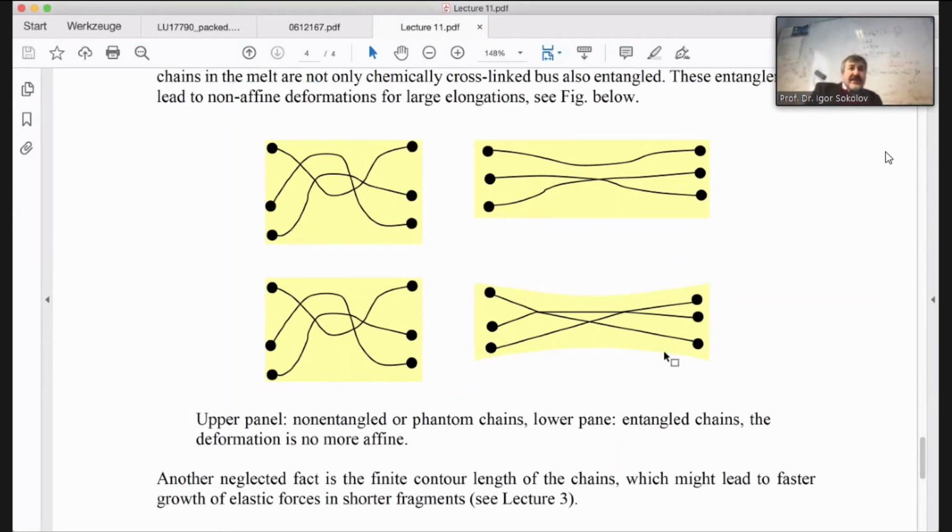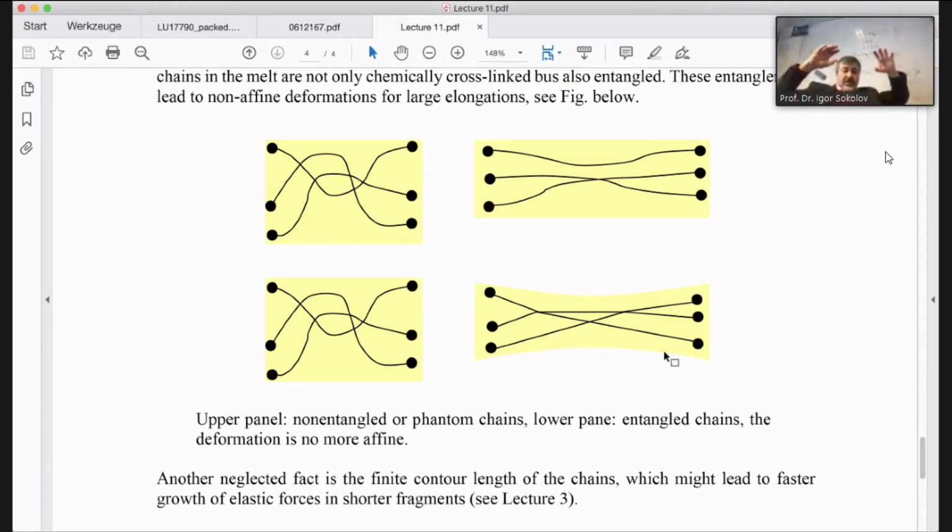We said that whatever you do with your rubber, a single chain, on the average, elongates. This is true. However, if the chains are phantom, and if the chains are not phantom, this elongation can take place in different fashions.